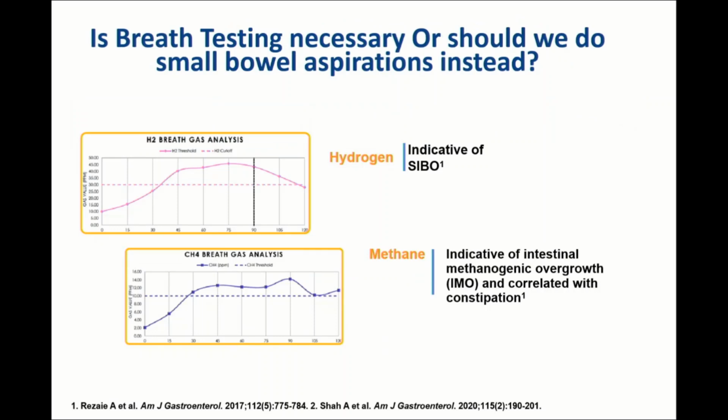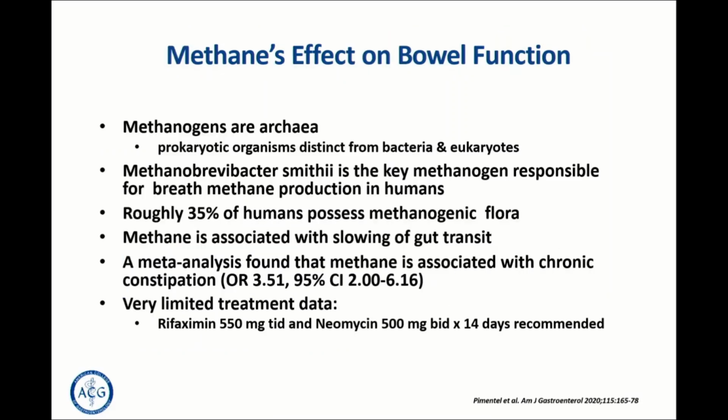So when we do these breath tests, the hydrogen breath test really is indicative of SIBO, whereas the methane breath test is indicative of intestinal methanogenic overgrowth and correlated with constipation. And what is that? The methane's effect on the bowel: methane is produced by methanogens, which are archaea, a prokaryotic organism distinct from the bacteria and eukaryotes. So it's a third category.